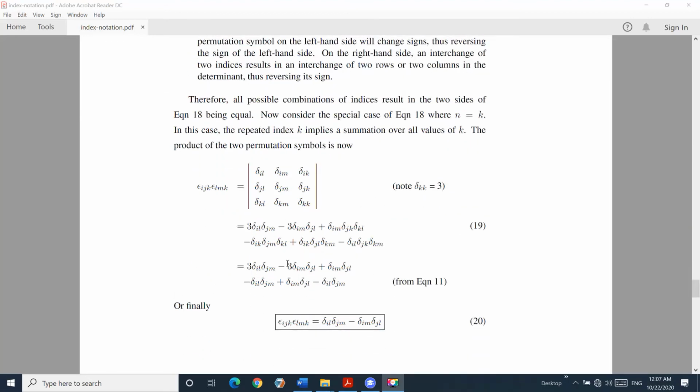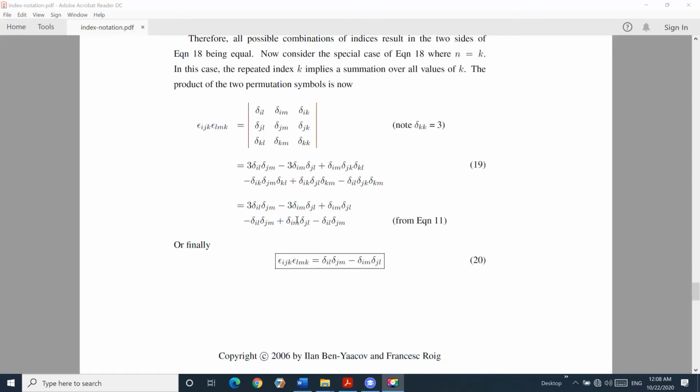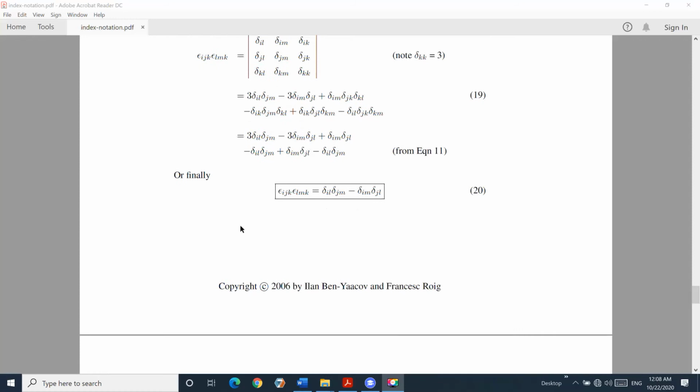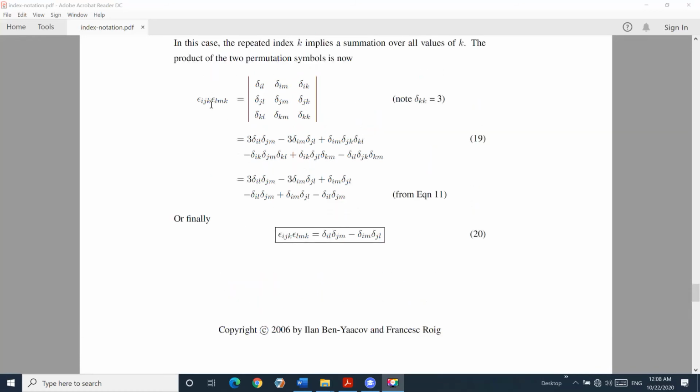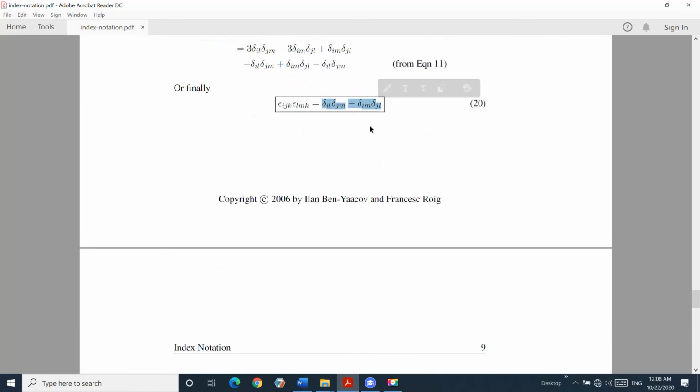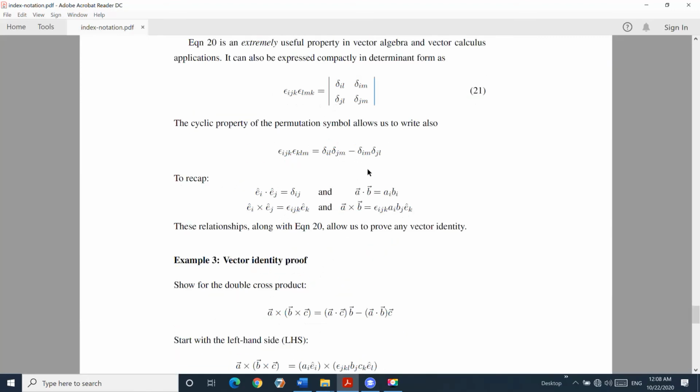Then we obtain from here this part, or finally we get that part. So the product of these two permutation symbols gives this result. These are important results. Later we are going to use them in the problem solutions.